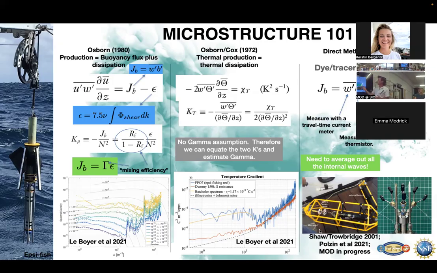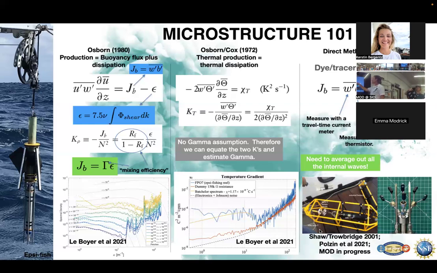Under those assumptions, you can back out the diffusivity, which is related to the buoyancy flux. So that's method two, but again, lots of assumptions. This doesn't work near fronts. It doesn't work if you are in a thermohaline staircase, for example, etc.